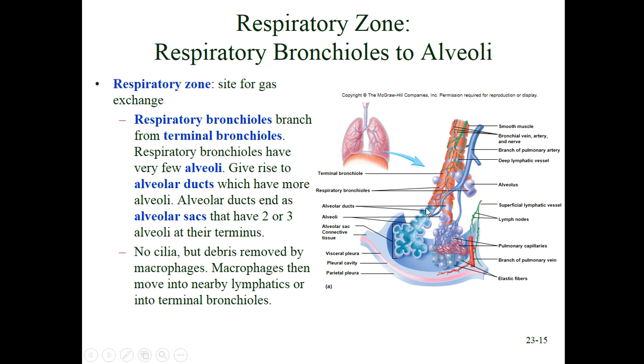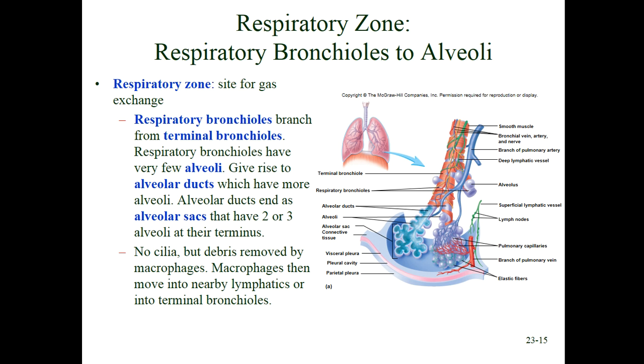And at the end of every bronchiole, we find these little grape-like clusters called alveolar sacs. The cluster of grapes is an alveolar sac, but the individual grapes are the alveoli, and these are the only part of the respiratory system permeable enough to allow for gaseous exchange.